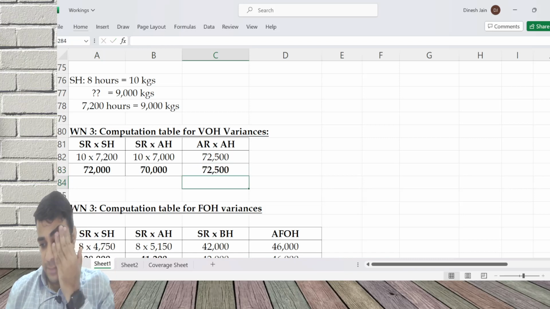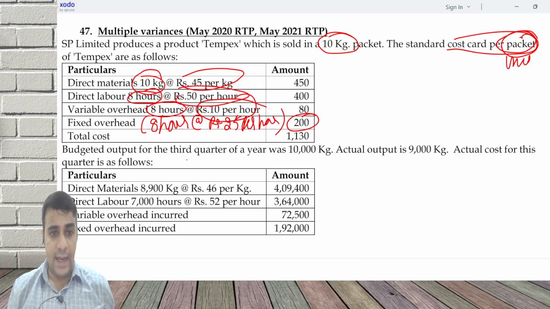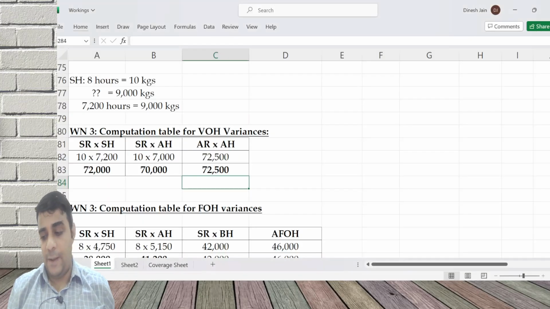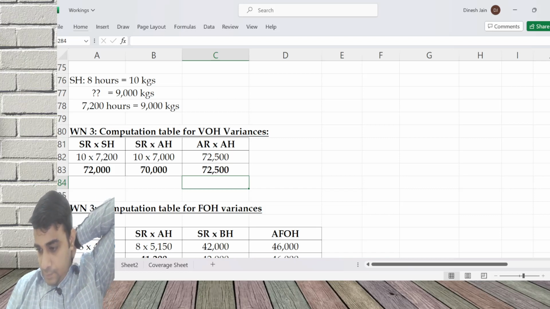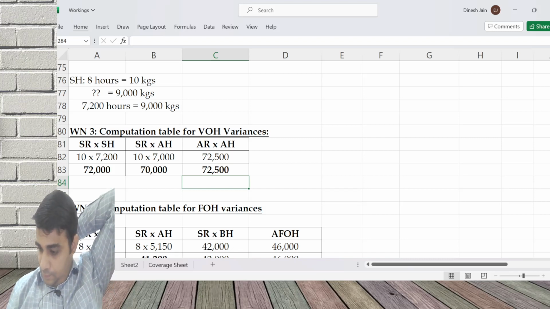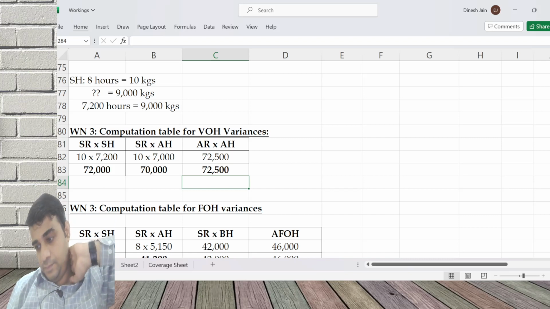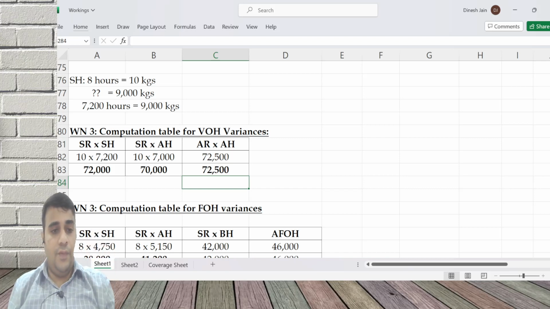Copy paste the SH and AH. SR per hour for variable overhead is 10 rupees, 8 hours at 10. Fixed overhead is 25 per hour, 8 hours at 25. VOH variances.